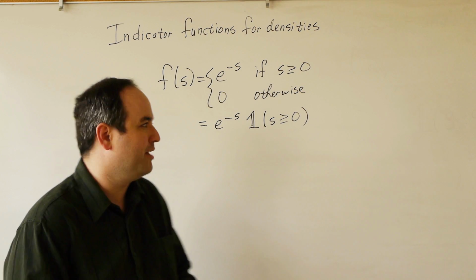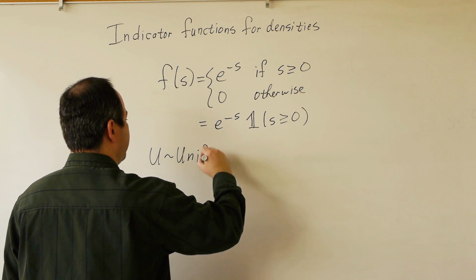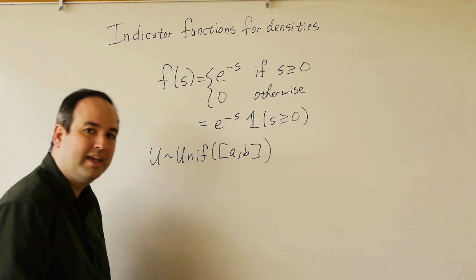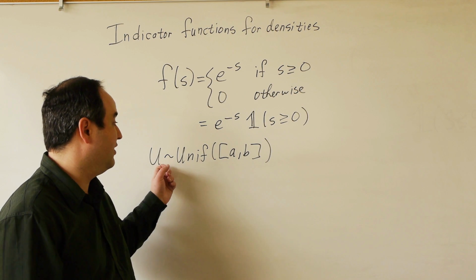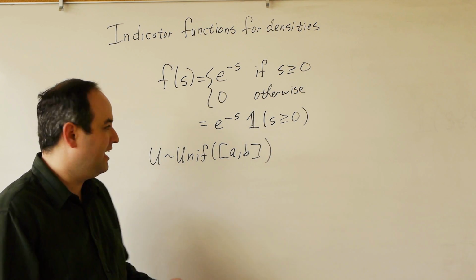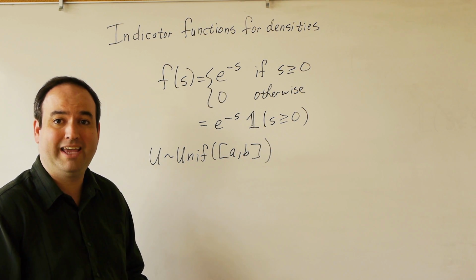Let's look at another example. If u is a uniform random number over the interval from a to b, then the density of u is going to be 1 over b minus a if and only if our dummy variable is in the closed interval from a to b.